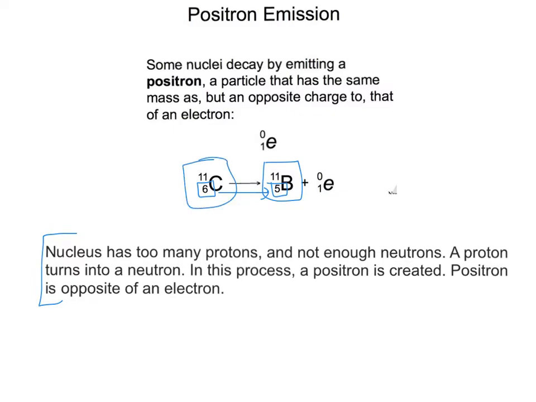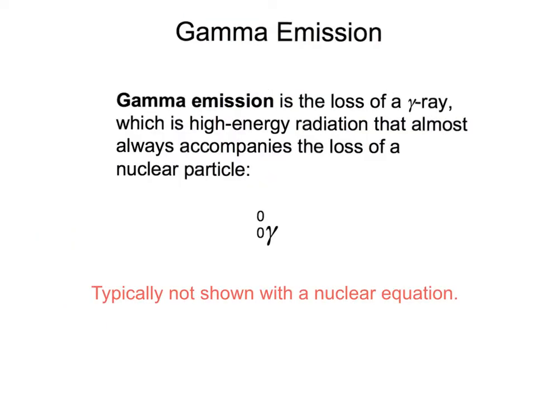And notice we still have a mass to charge balance. My mass hasn't changed, 11 to 11, 6 to 5, and my 1 here balances out my charge. I have positive 1, positive 5, matches my positive 6 on this side. This is positron emission.